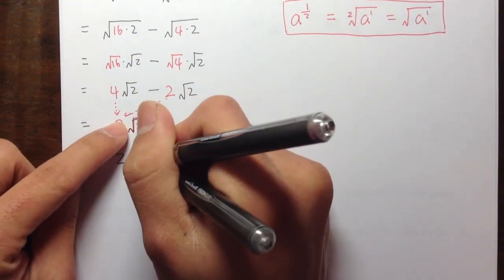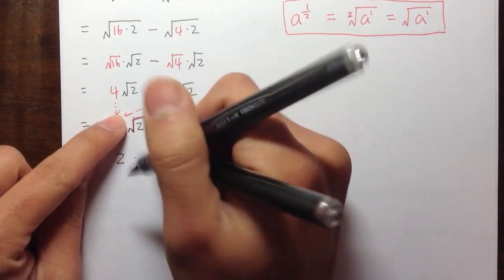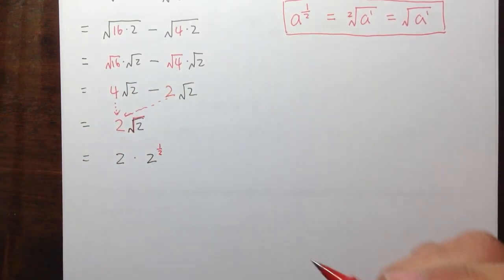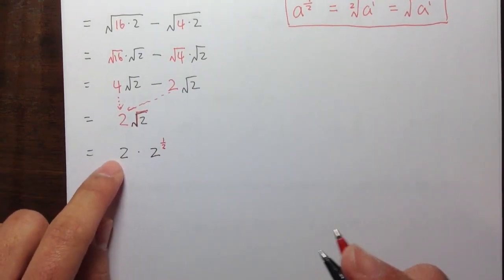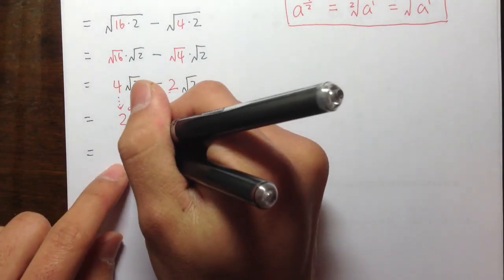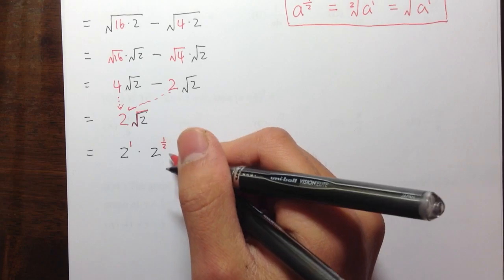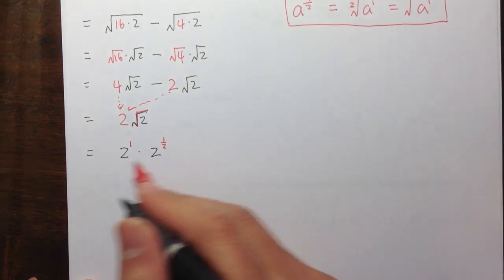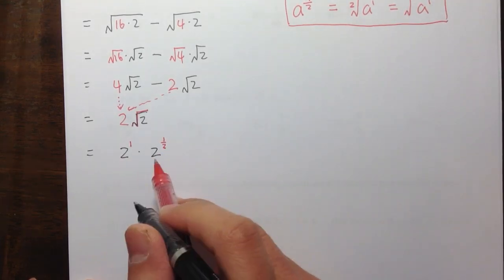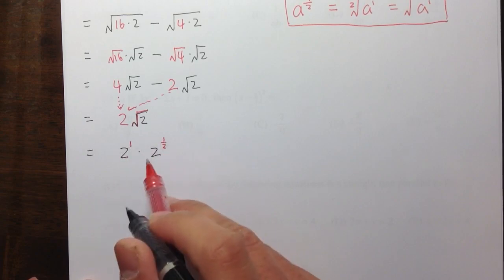I can write that as 2 raised to the 1/2 exponent. So technically right here I have 2 to the first times 2 to the 1/2 power. And when you are multiplying two things with the same base, you can just add the exponents.